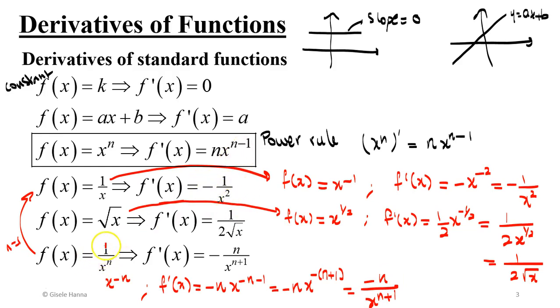So for functions in the form 1 over x to the n, you could use the power rule to determine their derivatives by just considering the negative exponent at the numerator, or you could just apply this rule immediately.